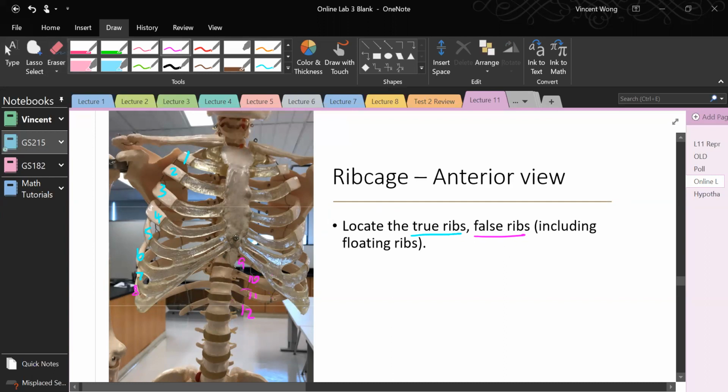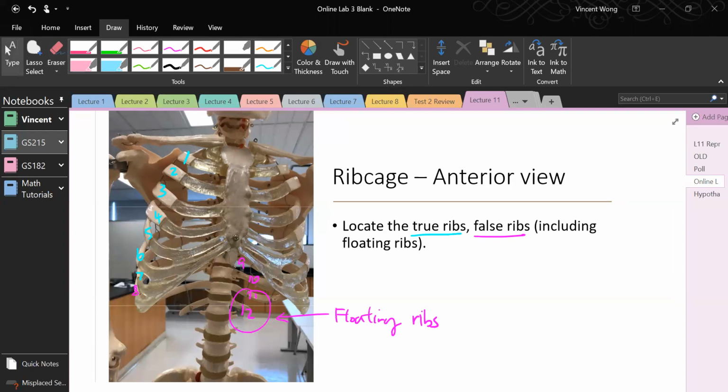So the 11 and 12, because they don't have any cartilage, we call them floating ribs. Whereas 8 to 10, they would have cartilage that connects to the cartilage of number 7. Okay, so they indirectly connect to the sternum.